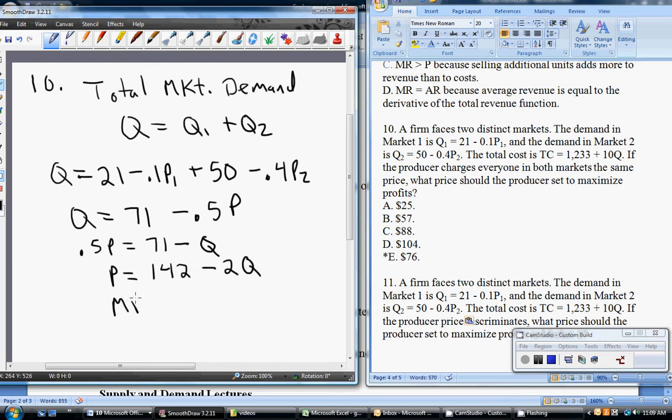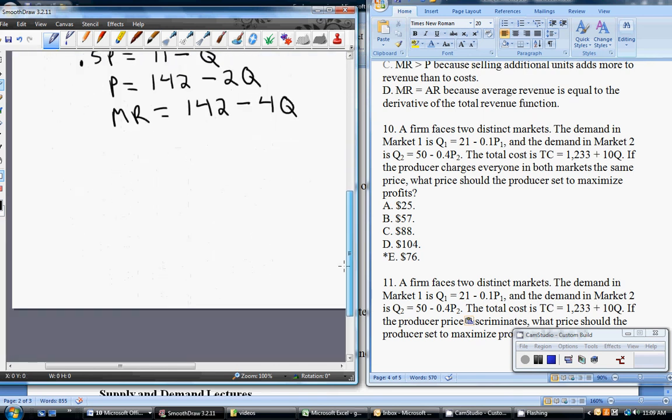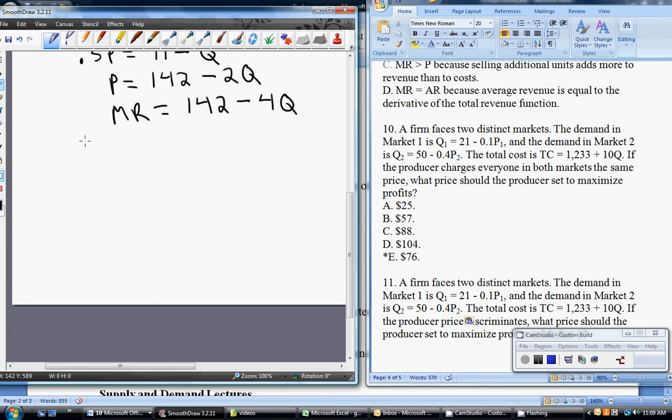Marginal revenue will look like that. Okay, before we set marginal revenue equal to marginal cost, let's just solve for marginal cost. Going to take the derivative of the total cost equation over here, just 10.